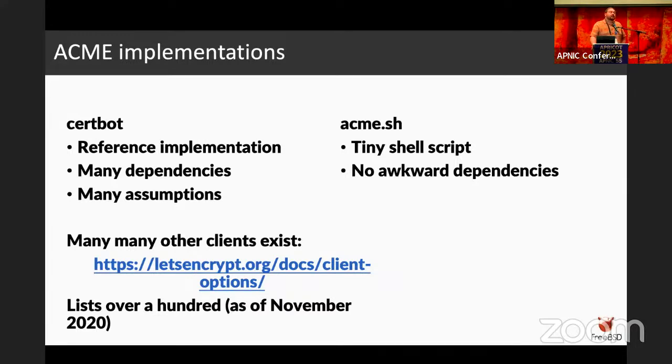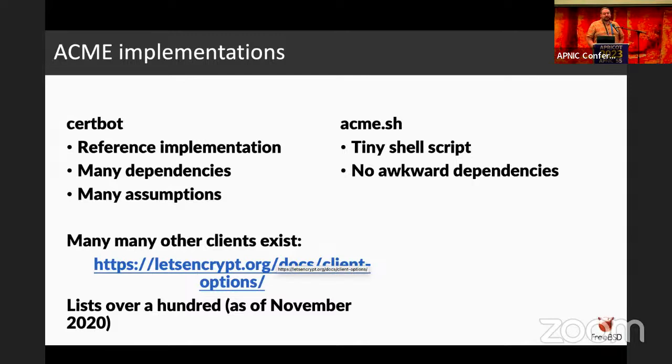So the implementation I'm using in this tutorial and later in my demo is called acme.sh. It's a tiny, tiny shell script. I've read through the whole thing. It's not difficult to understand. It has no awkward dependencies and it just works. There's several others. When I last looked at the list of clients, nearly 3 years ago, there were over 100 different clients.